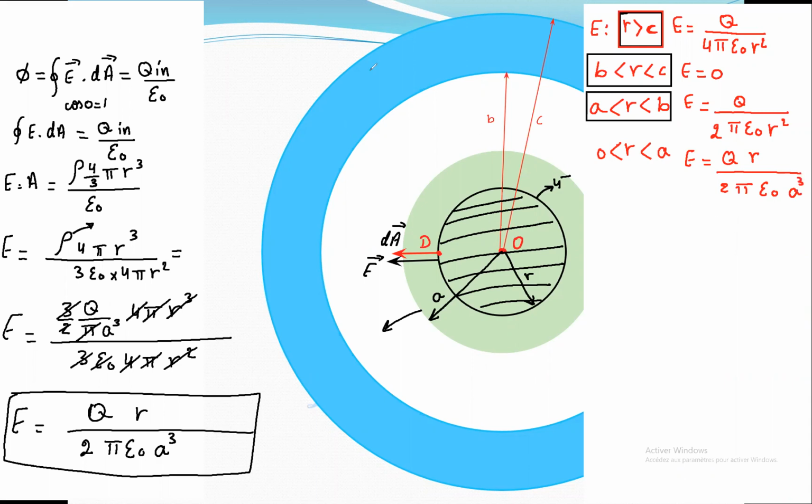Okay. Part B, I want to find V at each point. Let's go to solve it.